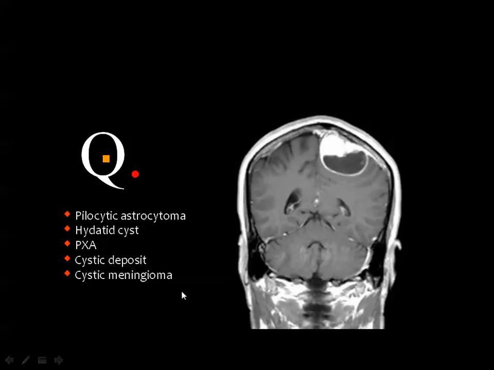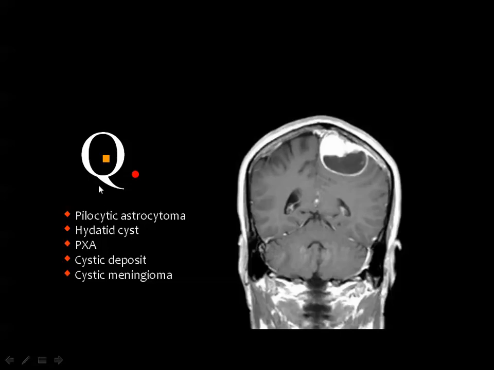MRI of the brain, coronal scan after gadolinium enhancement. There is a lesion on the left side on the surface of the brain, showing a cystic component and an enhancing mural nodule, and the nodule is based on the dura.